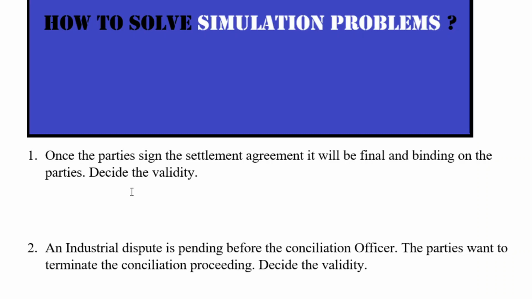Here we have to find out the validity of the settlement agreement. That means once the parties settle their disputes and sign the settlement agreement, how far it is binding. So here we have to write the validity. Here we have to write the solution.